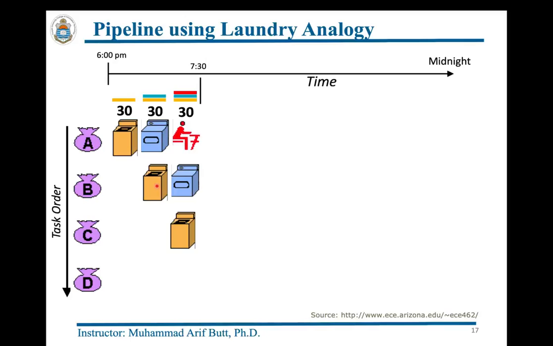And similarly, from 7 to 7:30 p.m. the clothes of task A are being folded or being ironed. The clothes of task B are being rinsed, and the clothes of task C are being folded.